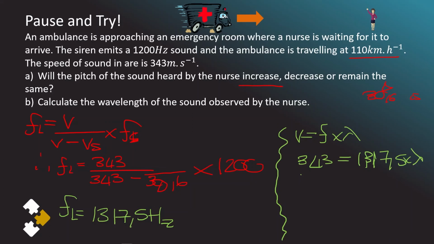Therefore, the wavelength of the sound is going to be equal to 343 divided by 1317,5. And that gives us a value of 0,3 meters.